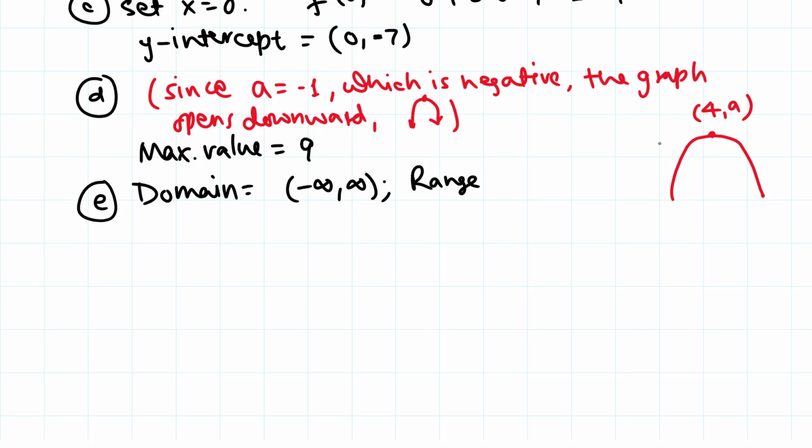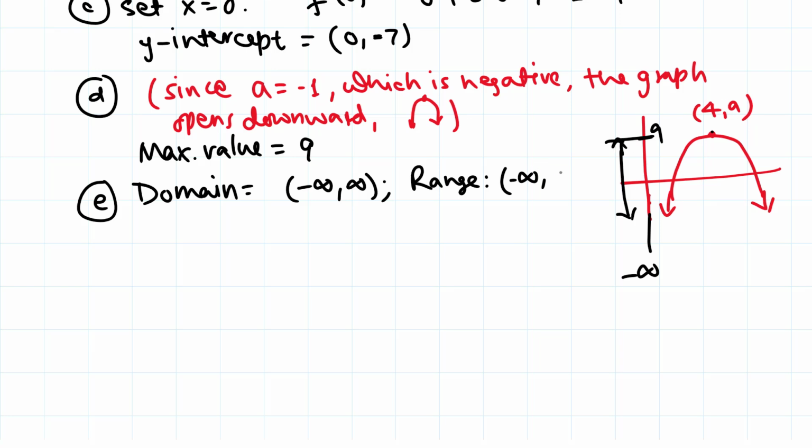This graph goes on forever downward. So the range goes from the smallest, negative infinity, up through the highest point, which is 9. The range is always from lowest to highest, so it is negative infinity to 9. That's the final answer.